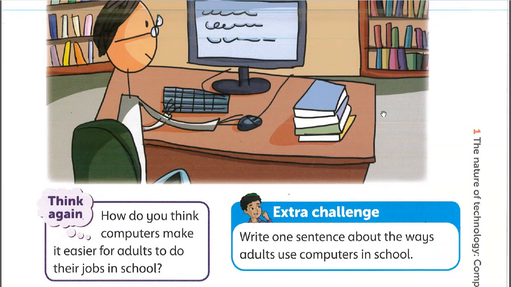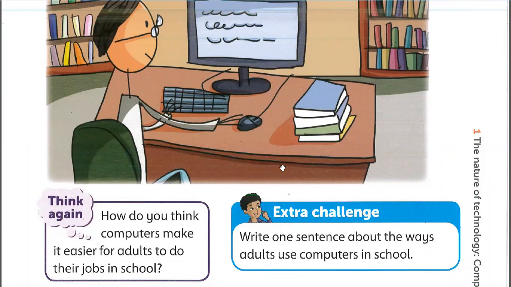Think again, how do you think computers make it easier for adults to do their jobs in school? Because with the help of a computer, it eases our work. We can do our work easily, correctly, and fast.